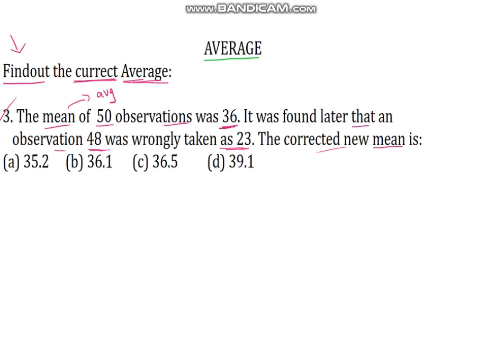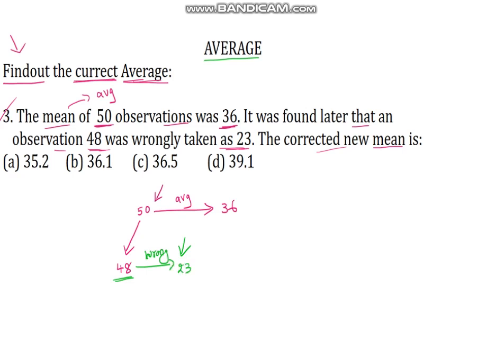In the given question, there are 50 observations, and the average of the 50 observations is 36. From those 50 observations, one observation's value is 48, but it was wrongly taken as 23. Sorry, the wrong number is 23. In place of 48, they have taken 23.